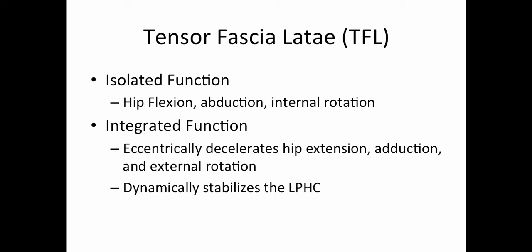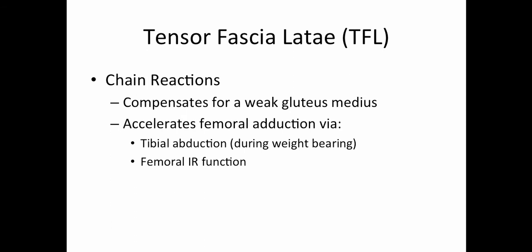The integrated function is that it eccentrically decelerates hip extension, adduction, and external rotation, and it dynamically stabilizes the lumbopelvic hip complex. Chain reactions for the tensor fasciae lata include that it compensates for weak gluteus medius, and it accelerates femoral adduction via tibial abduction during weight bearing and femoral internal rotation function.